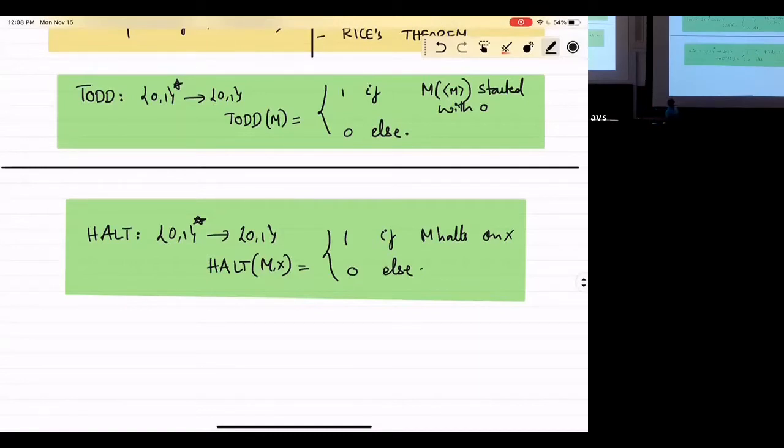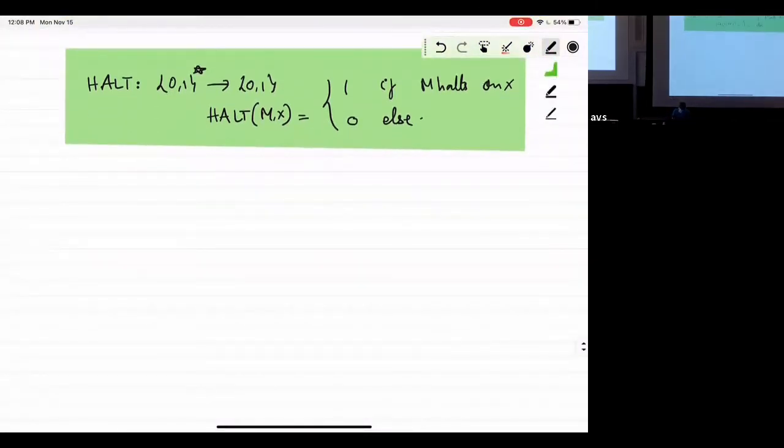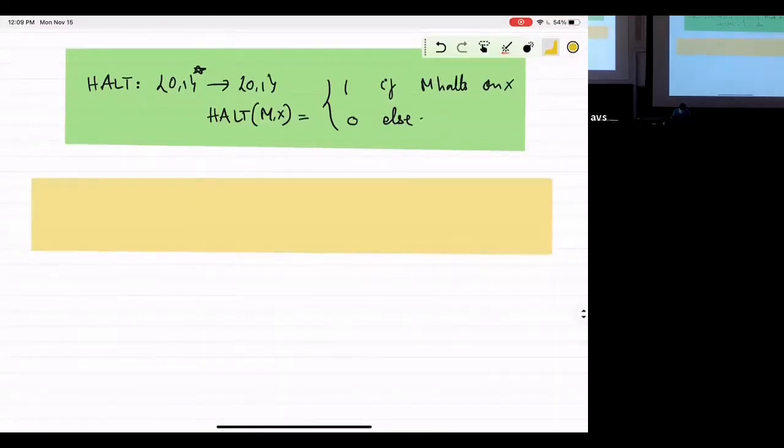We are specifying what we want to do. And the theorem that we're going to show today is halt is uncomputable. There is no Turing machine which can decide whether or not a program is going to halt on an input.